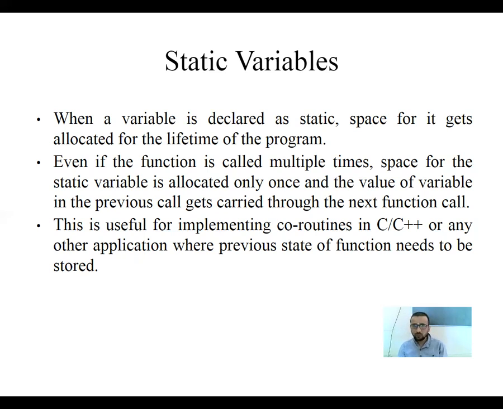This is useful for implementing coroutines in C++, or any other application where the previous state of a function needs to be stored. In such cases, we can use the static keyword.